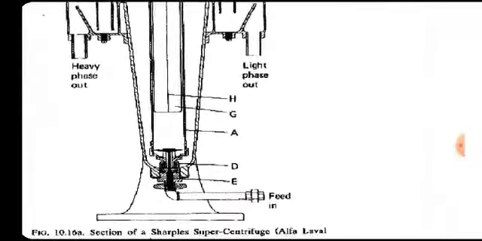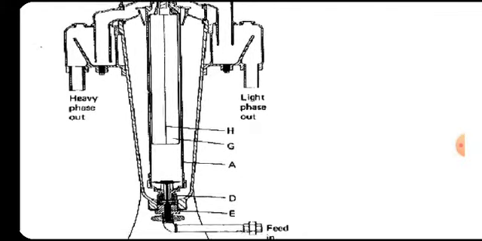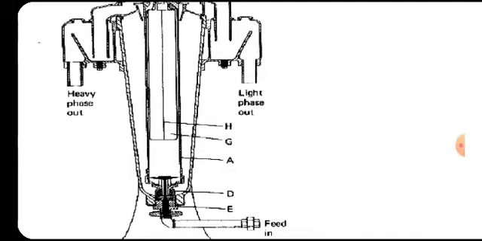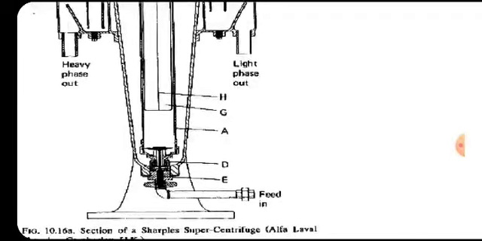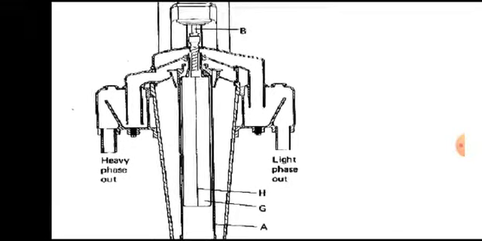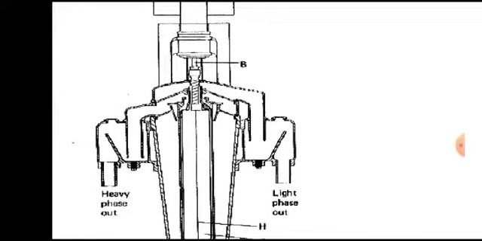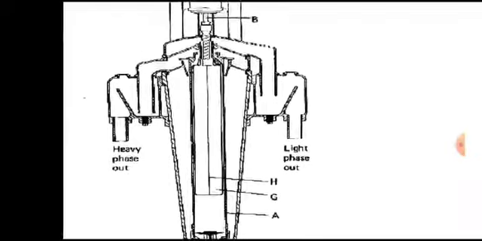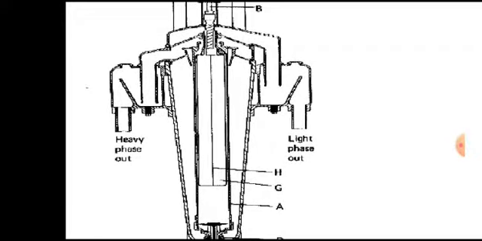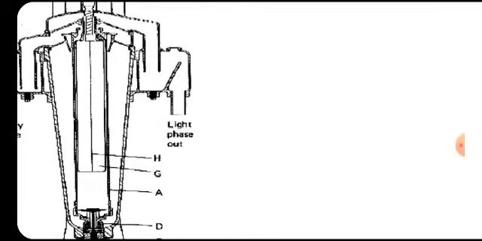You can see the shaft at the center indicated by H, then G, which indicates the rotor, and other components like E and D. B is the shaft attached to the motor which rotates this tubular bowl. Then this is the outlet for the heavy liquid phase, and this is the outlet for the light liquid phase.